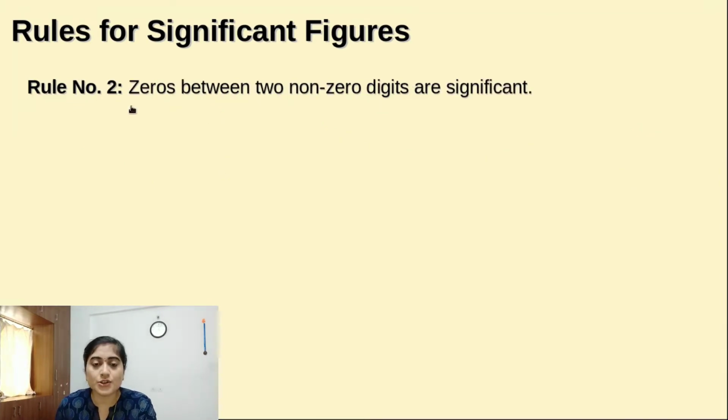Then the next rule is that zeros between two non-zero digits are significant.